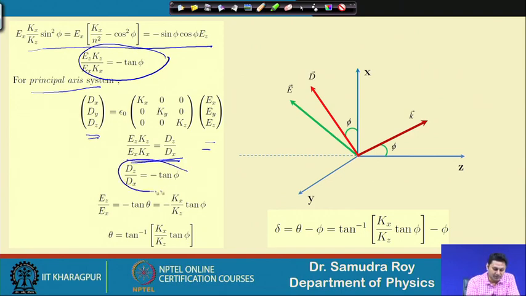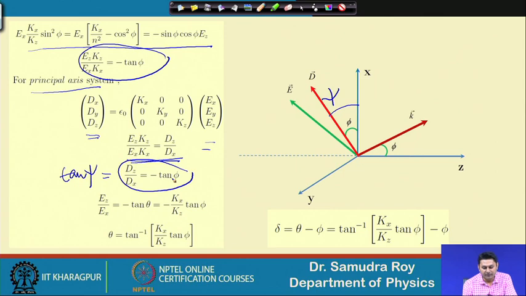We can replace these, and now we find that d z divided by d x is equal to tan phi. If this angle is psi, then we find that psi is equal to phi.